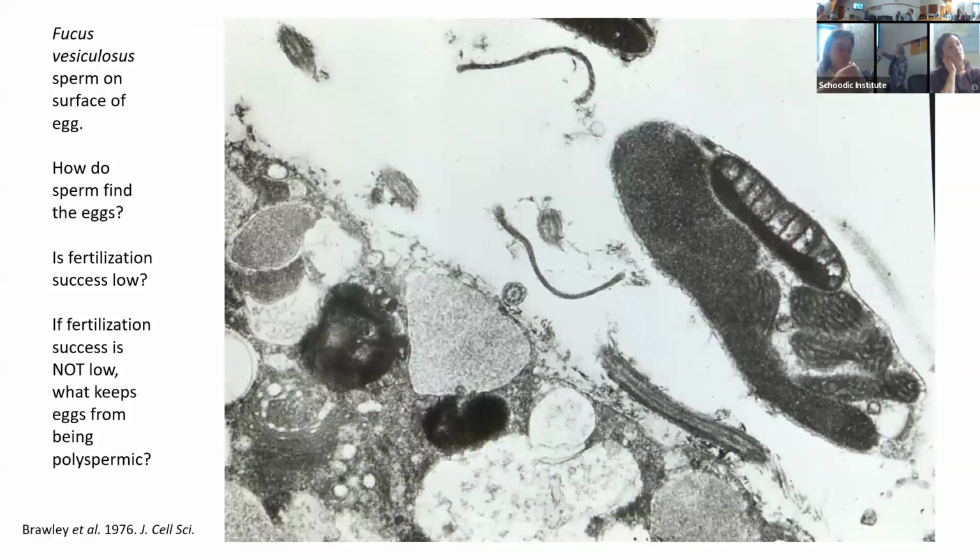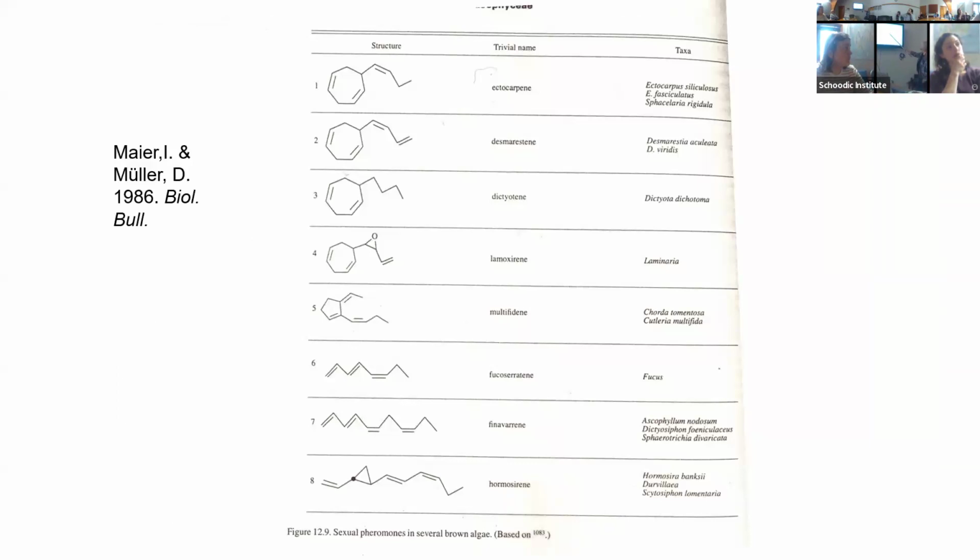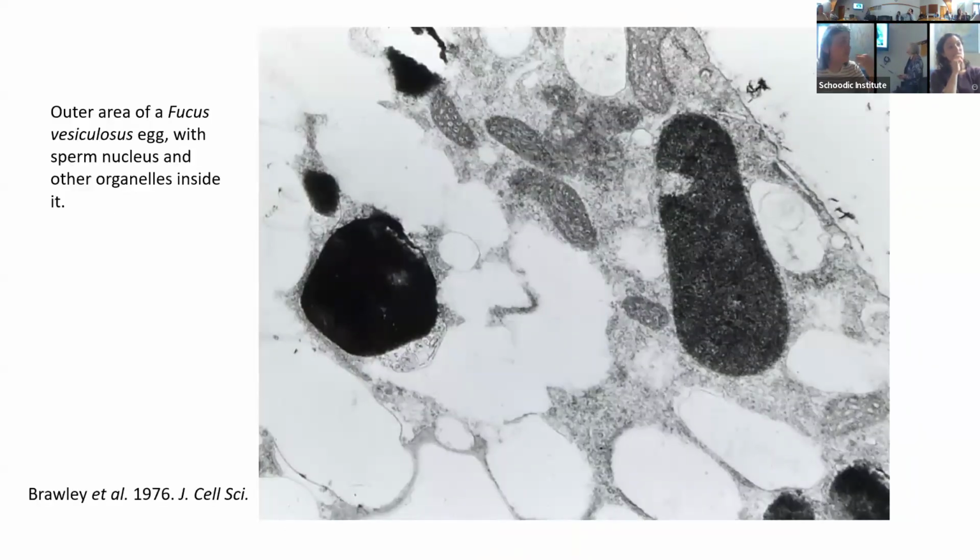This shows an electron micrograph of the sperm with one of the flagella of the sperm resting on the surface of the egg. And this is the conjugated octatriene that Müller and colleagues described as the sexual pheromone that attracts sperm to eggs. So the eggs release this nice perfume that attracts sperm. And it's very effective, as you can see on the next slide.